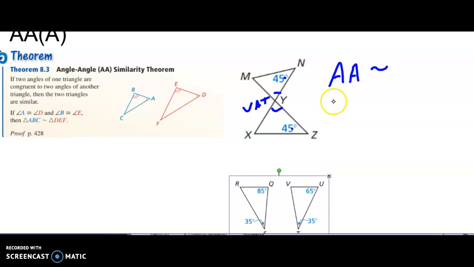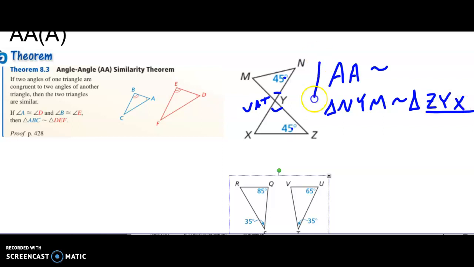I want to make sure that I mark them correctly. So I can say triangle NYM is similar to, and then what you guys will have to do in the homework is identify what these 3 letters are. So N goes with the Z, the Y goes with the Y, and then the X goes with the N. So there's my similarity statement, and those are similar.